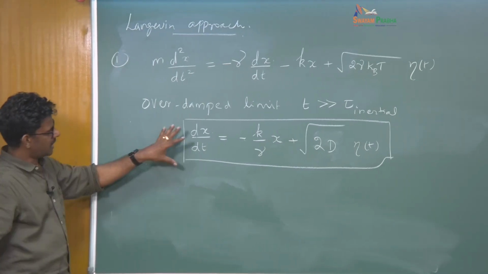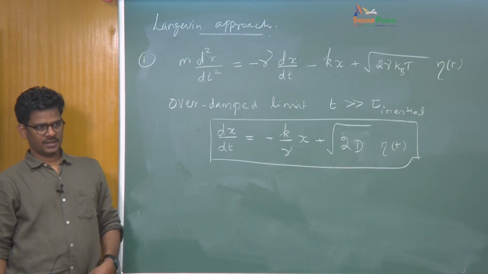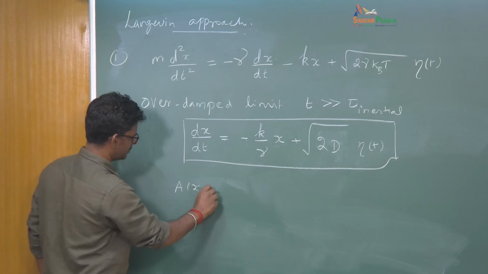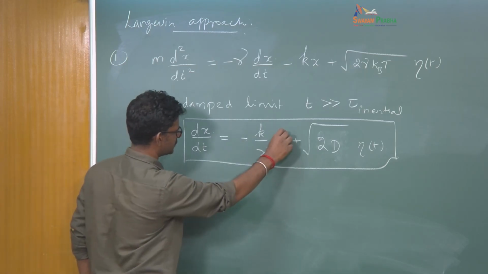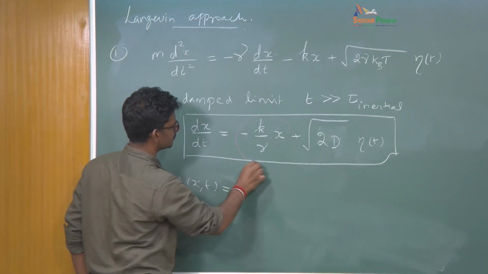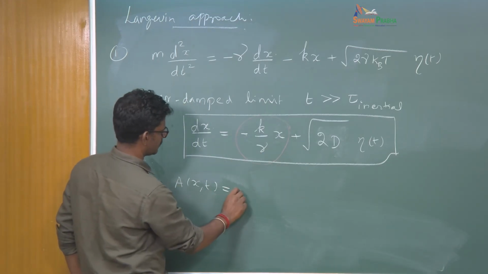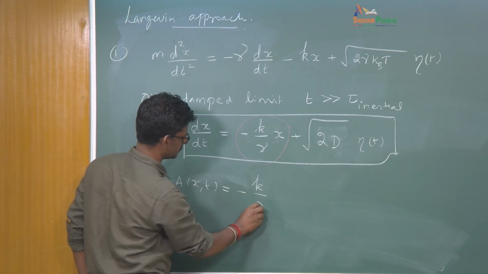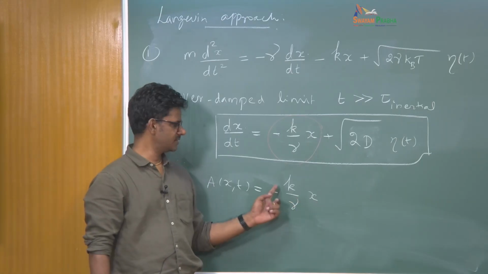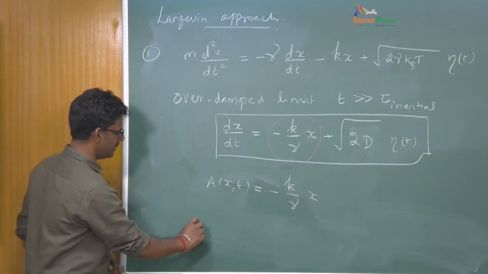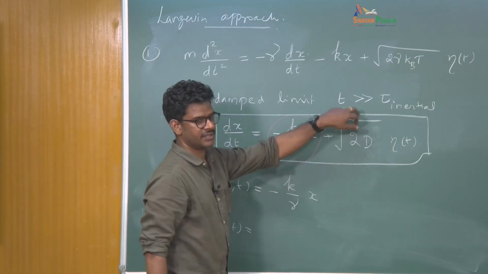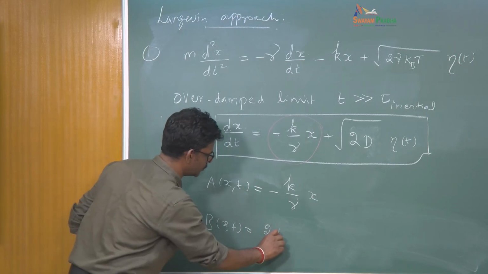So now if you want to cast this problem in terms of a Fokker-Planck equation, this function a of x comma t is given by this term. So this function a is proportional to x with some proportionality constant. Function b is basically whatever is there inside the square root, so that is actually 2D.